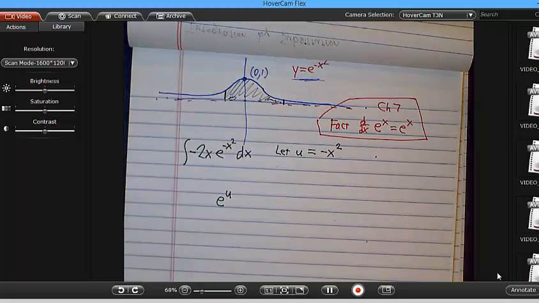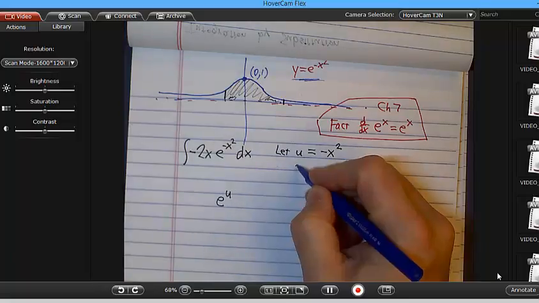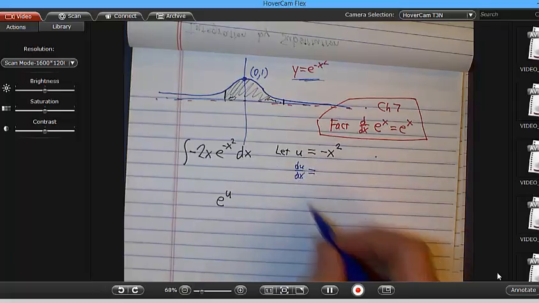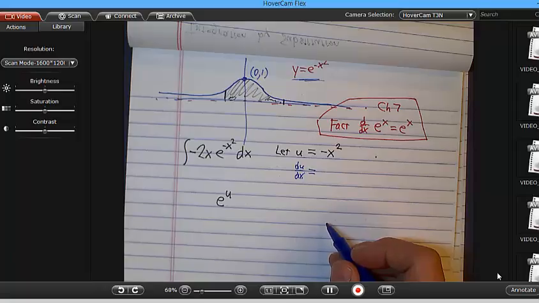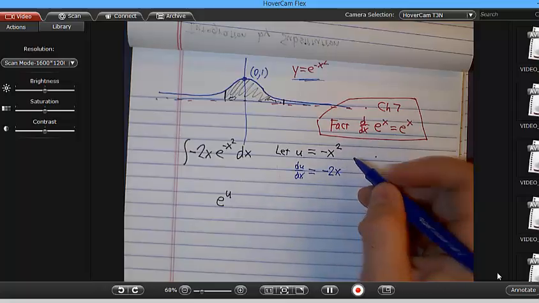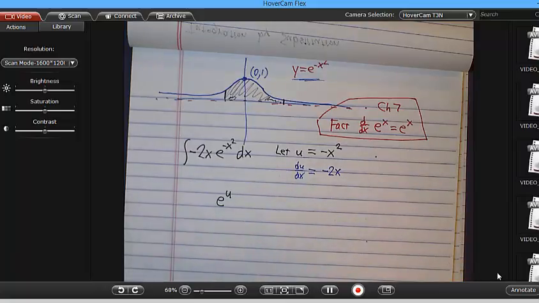Next, I take the derivative. And by the way, I'm going to write something down that most people don't write down here. I'll write it down at first. What is du dx? Everybody agree? Okay. Usually I don't write that.